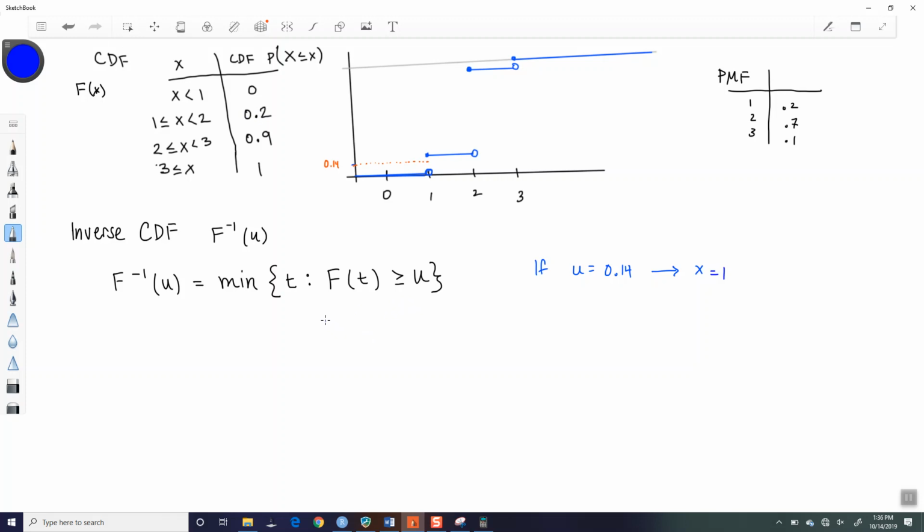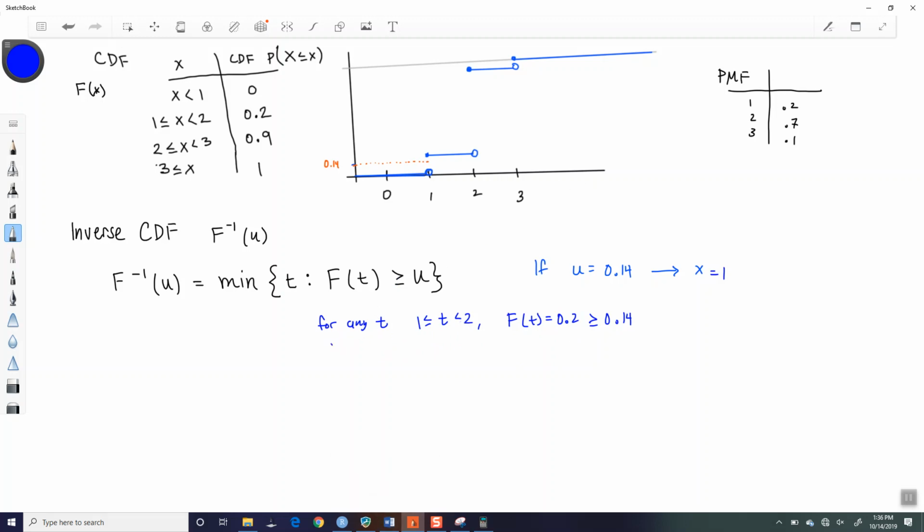So for any t which is between 1 and 2, F of t is equal to 0.2, which is bigger than or equal to 0.14. Okay, so any t bigger than 1 but less than 2 qualifies.